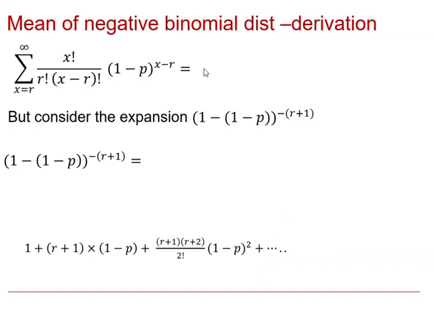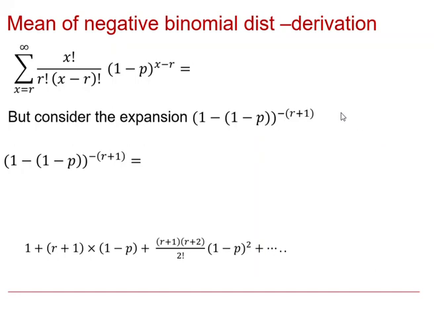So we've considered the summation and written out the first few terms of that. We're now going to consider what you might think to be a rather strange expansion here, but something that's going to enable us to work out and get an expression for the mean for the negative binomial.